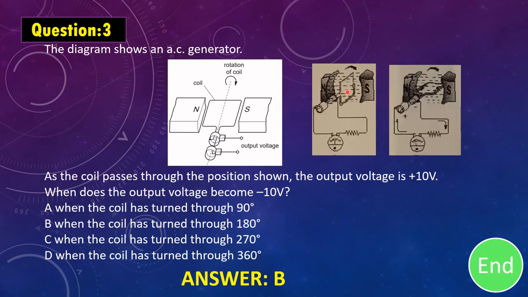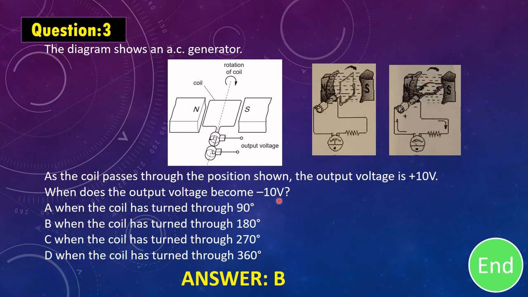Then again it passes through this position. At this position, the angle will be 180 degree and the coil is parallel to the magnetic field lines. So it induces again 10 volt.